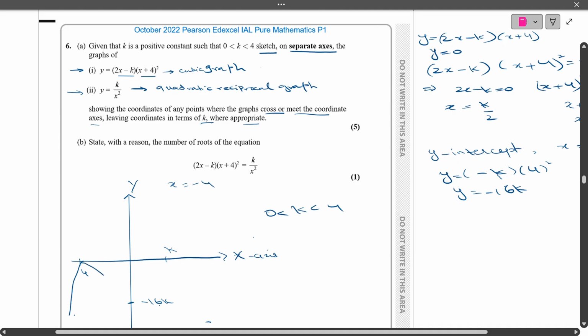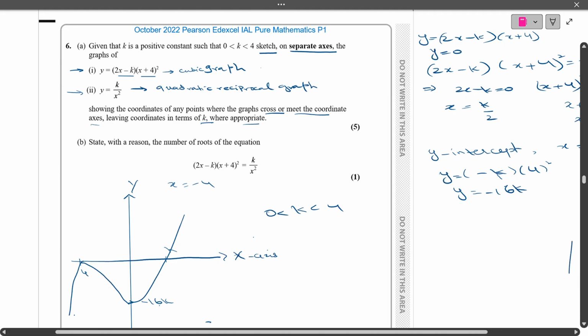Okay, here it is, and then here, and then let's go up. So this is the sketch.